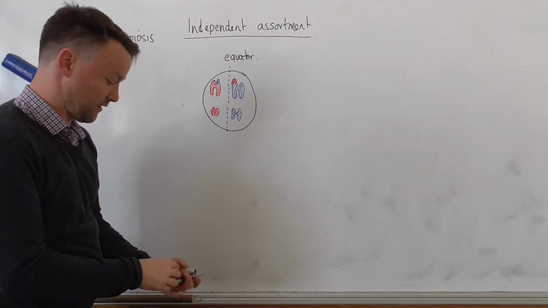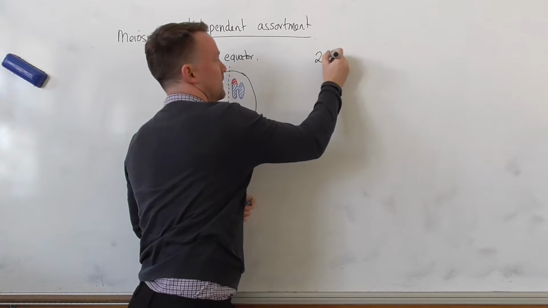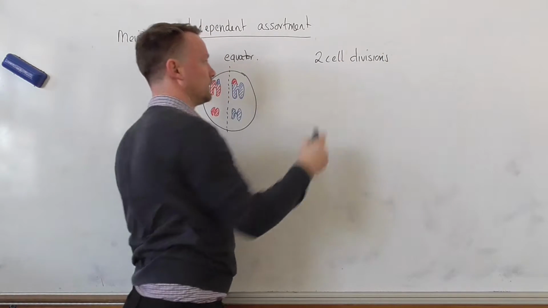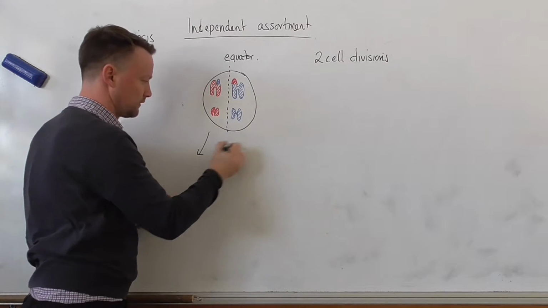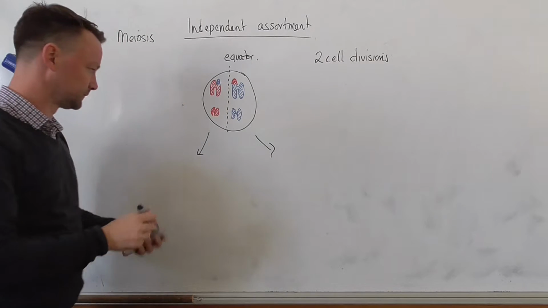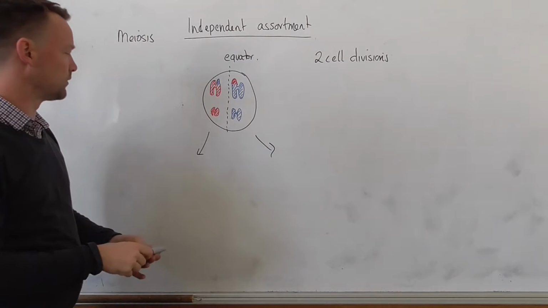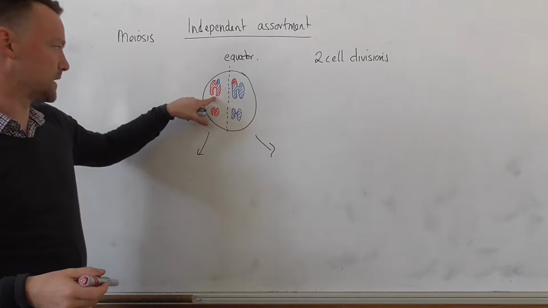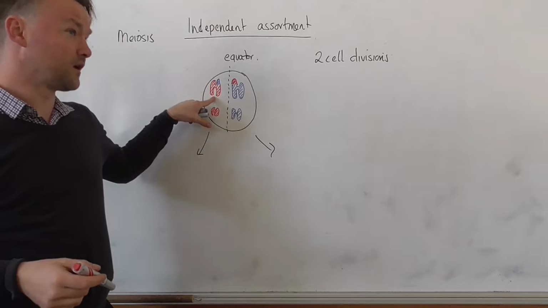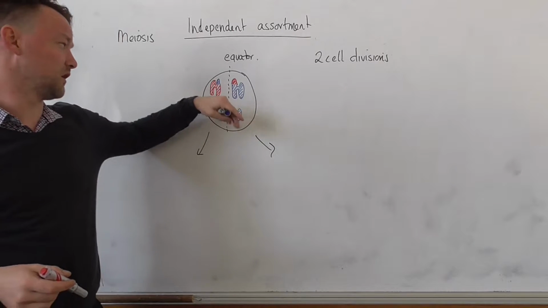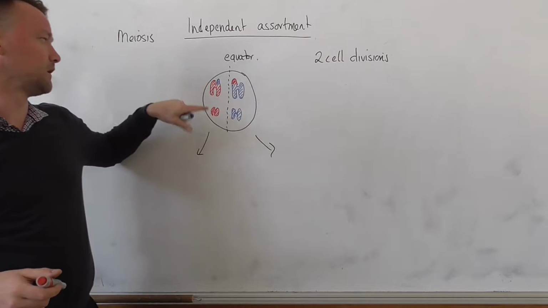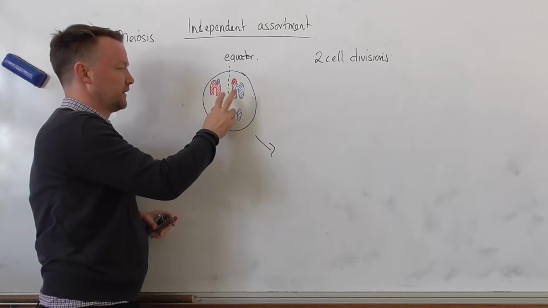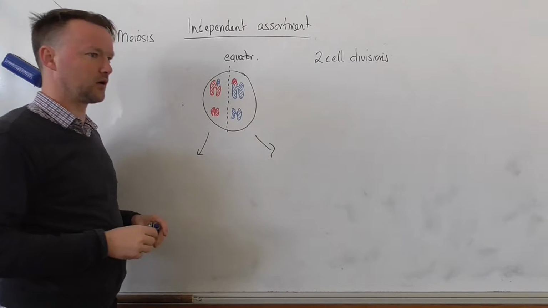So in meiosis there are two cell divisions. And the first cell division happens like this. What's happened here is that the maternal one is on this side and the paternal chromosome is on this side. This is a random event. They just have to pick a side, but which side they choose is completely random.